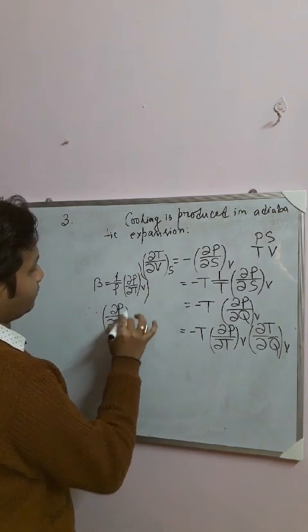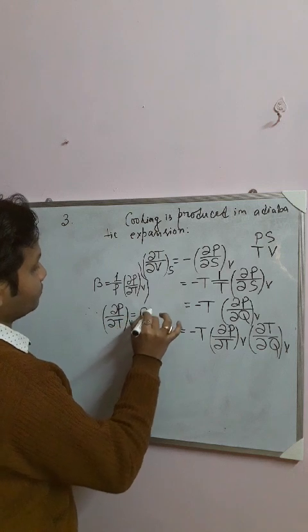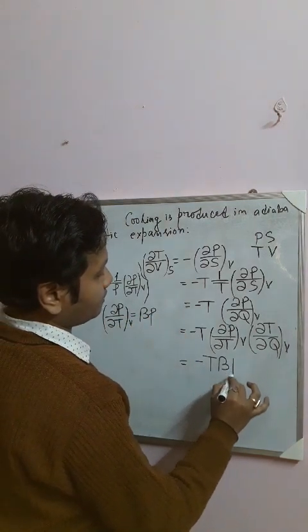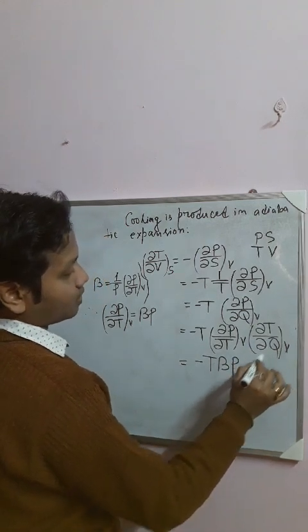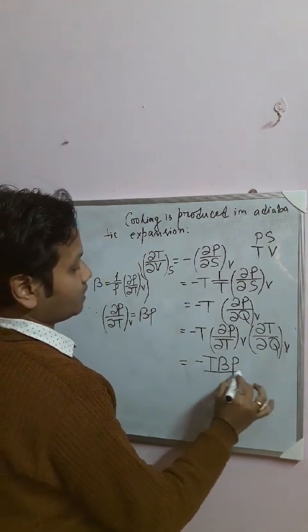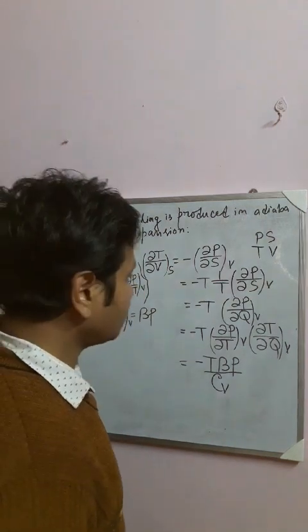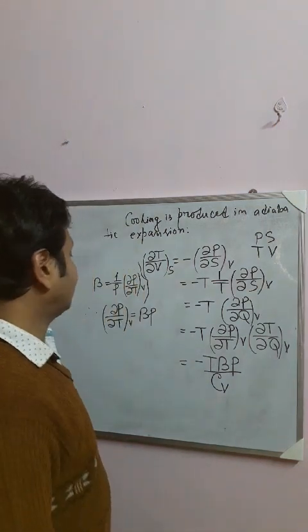So del P del T at constant volume is beta P. So what is this? Minus T into beta into P, and del T del Q at constant volume is 1 by Cv.